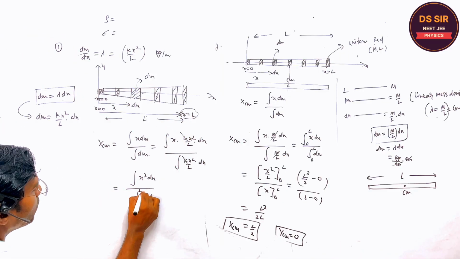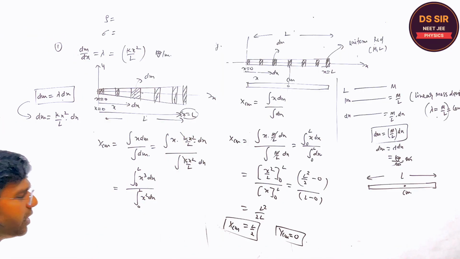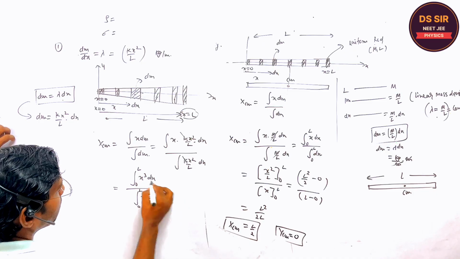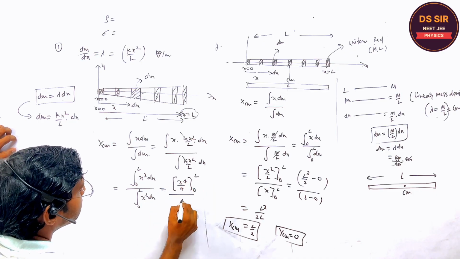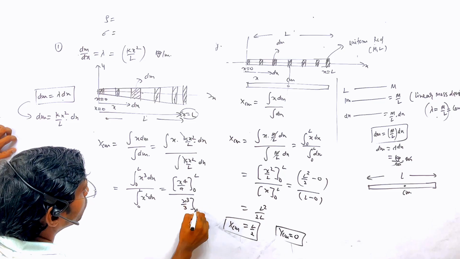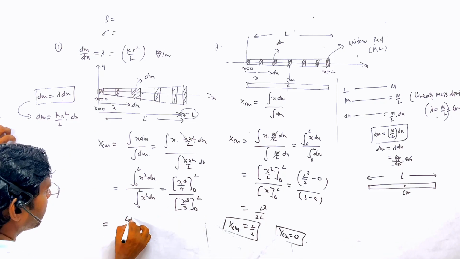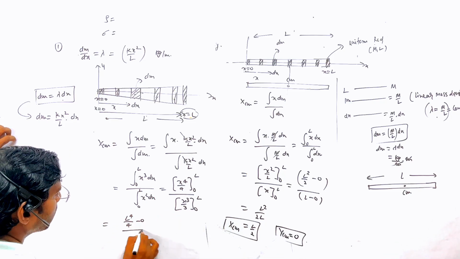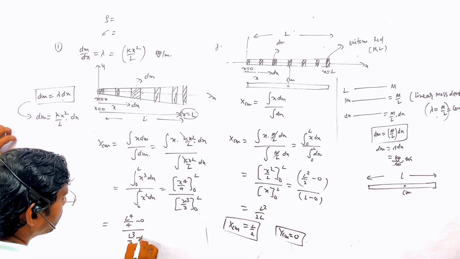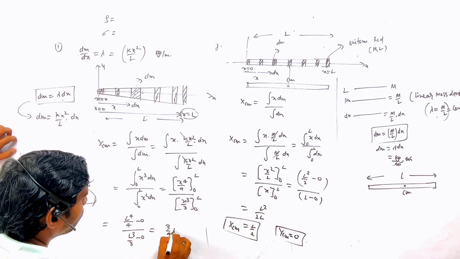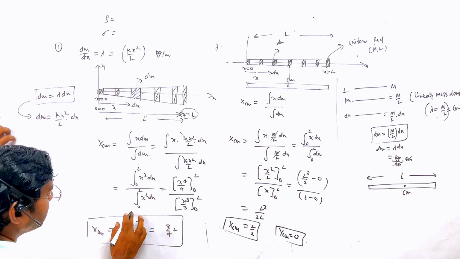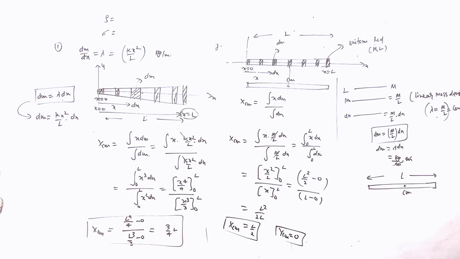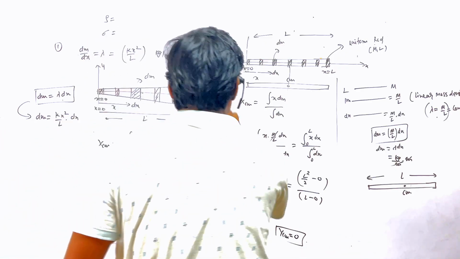So 0 to L is the limit. x to the 4 upon 4 from 0 to L, and this is x cube upon 3 from 0 to L. So put the upper limit, lower limit, upper limit, lower limit. So this is 3 by 4 L, the center of mass position. I think it is clear, right? Any doubt you can ask. Copy this.